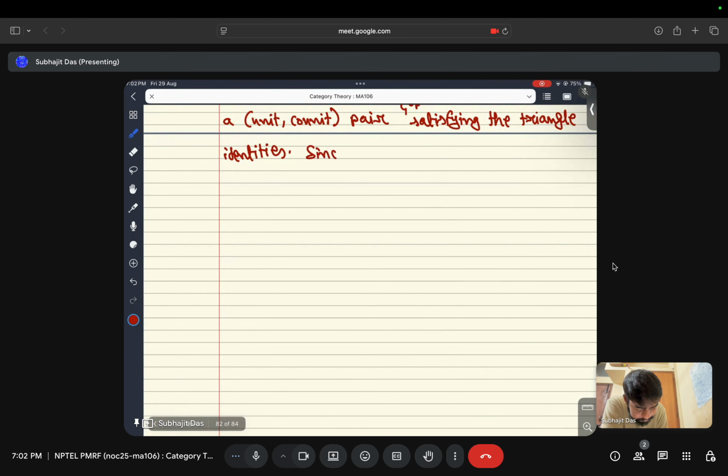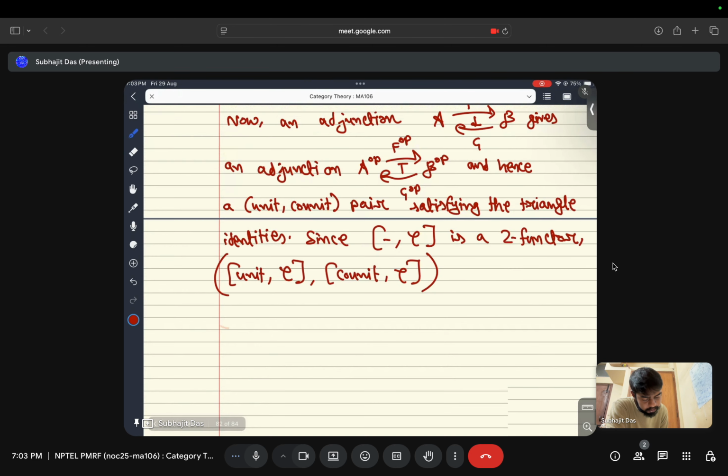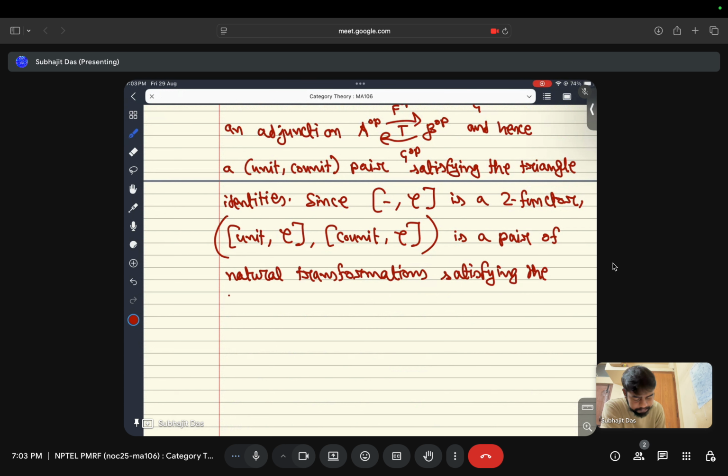The point is that since bar comma c is a two-dimensional functor, a two functor, the unit comma c and the co-unit comma c are a pair of two cells, a pair of natural transformations, satisfying the triangle identities, and hence give an adjunction.